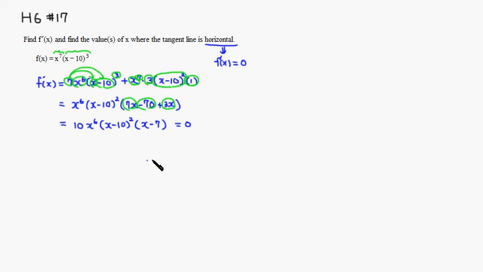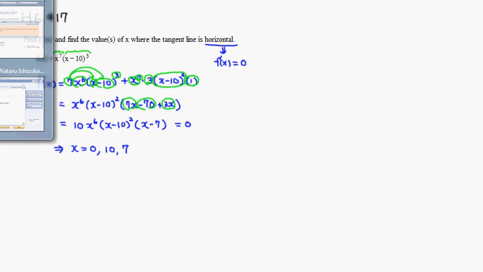So from here x equals 0, from here x equals 10, and from here, setting that equal to 0, x is going to be 7. So it's 0, 7, 10.